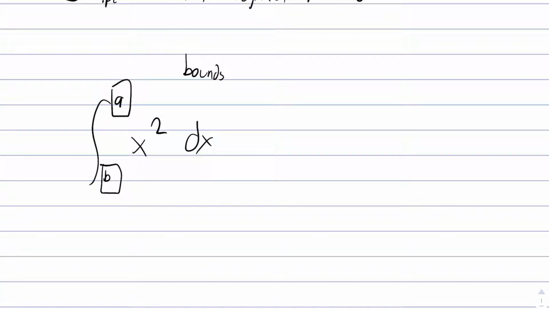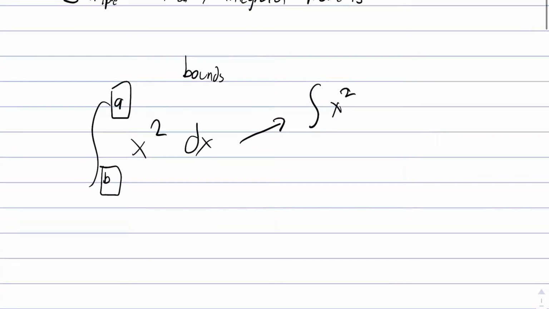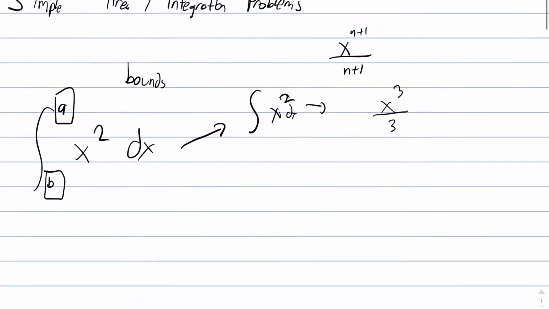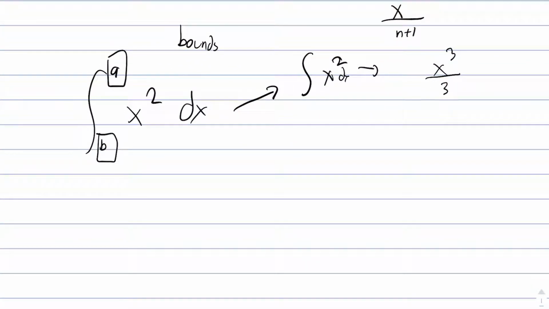So the way we calculate this is we take the indefinite integral of x squared, so we just normally integrate it. So that's just going to be x to the third over 3. If you remember integration, x to the n plus 1 over n plus 1. That's how you do it. But now, how to put in a and b?